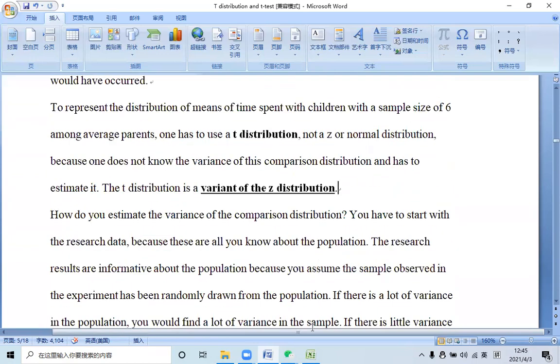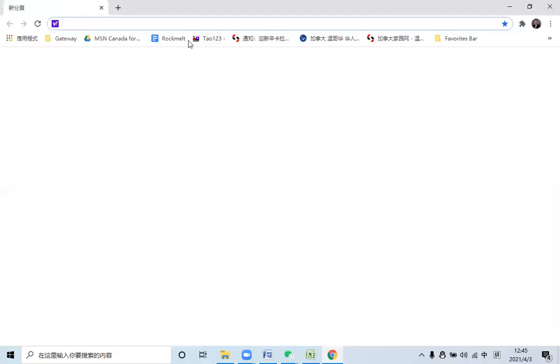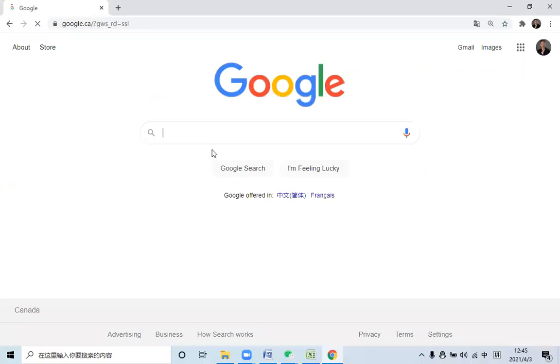Let's look at the t distribution. We can use a textbook, but there are so many good graphs on the internet.